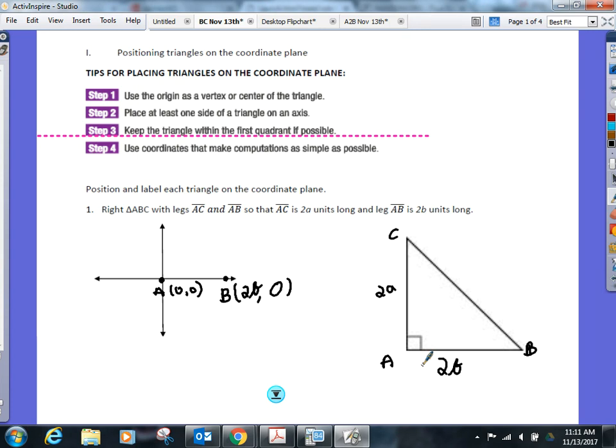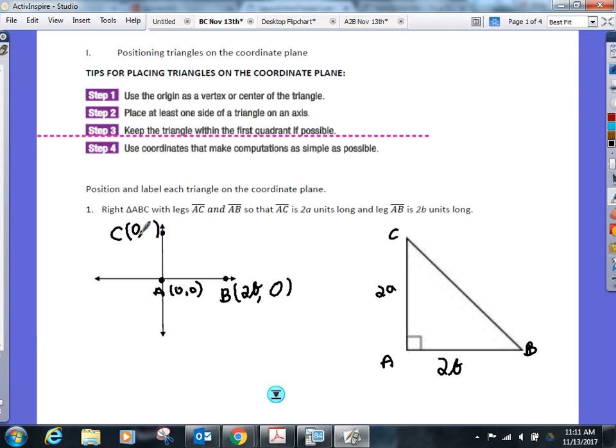Where do you suggest I put AC? On the y-axis. So let's put C here. If it's on the y-axis, think about all your points on the y-axis. What do you know about their x-coordinates? They're all 0.